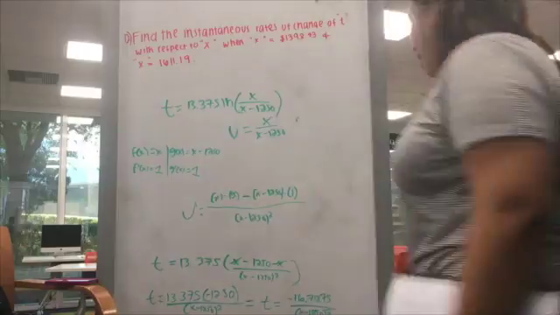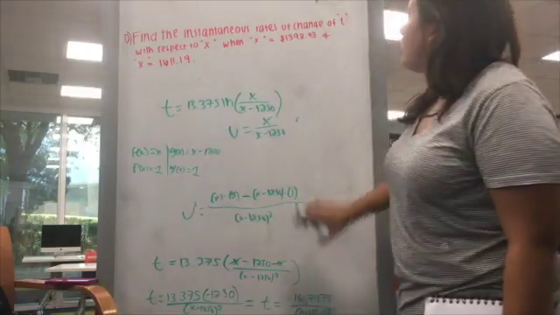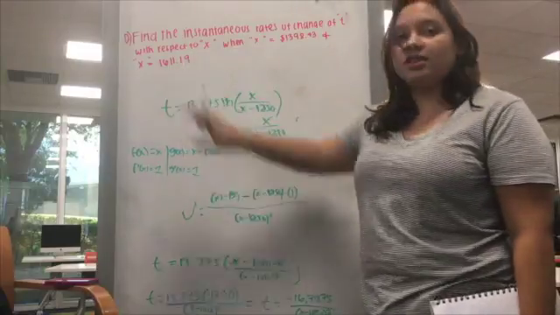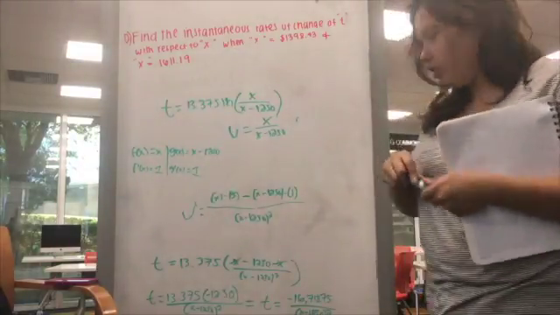Now that you have this, you have to insert this in the x and this in the x, so you have to do it twice. I'm gonna erase so we can do it perfectly.